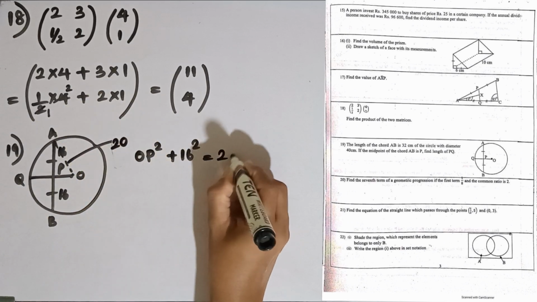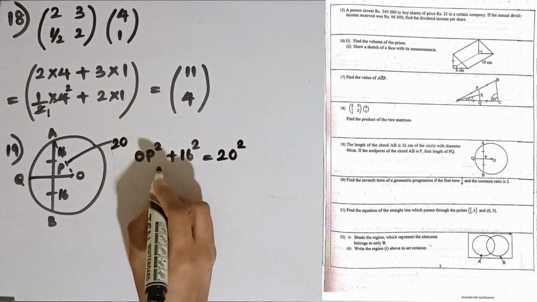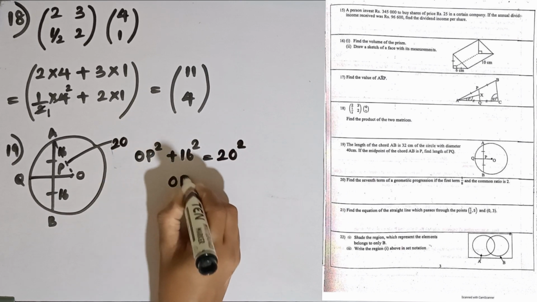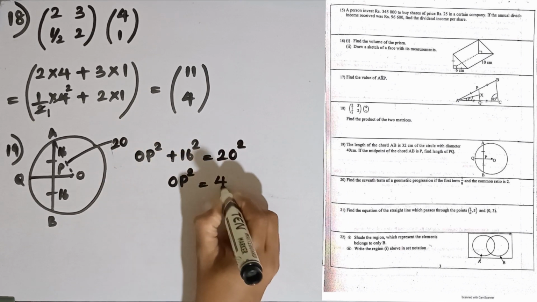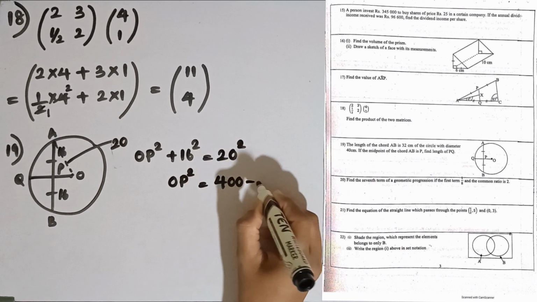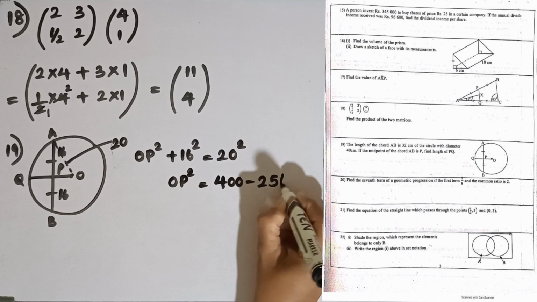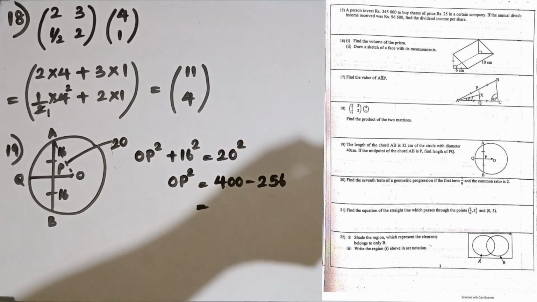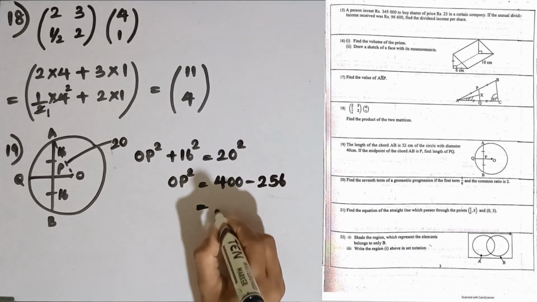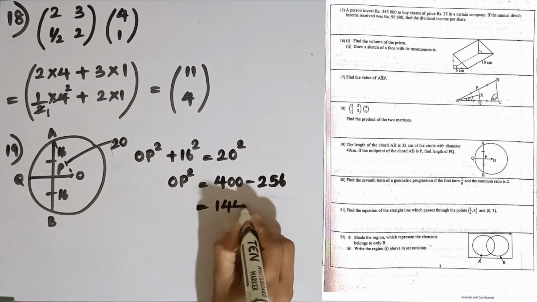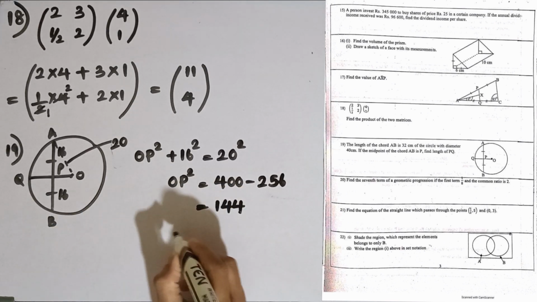Then 20 squared. Then OP squared equals 400 minus 16 into 16 is 256. Then the balance is 144 here. OP squared equals 144.